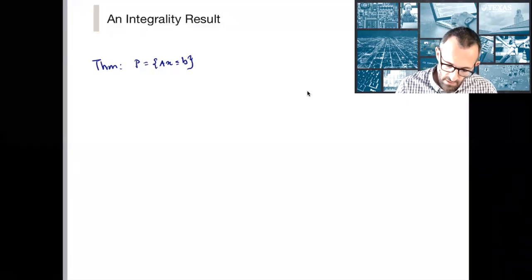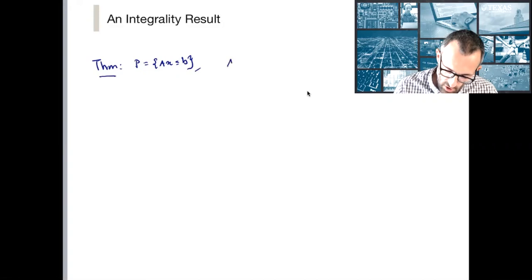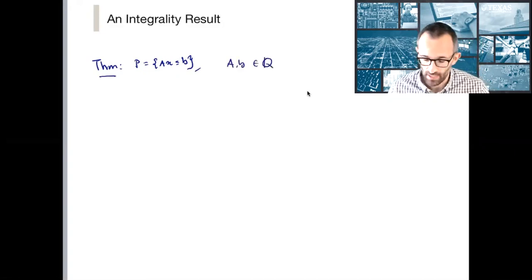So again, let me mention, A and B are rational. Again, some abusive notation here. I guess I should write A_ij and b_i is rational, but hopefully it's clear what I mean.